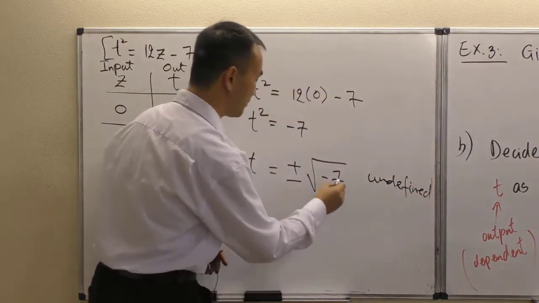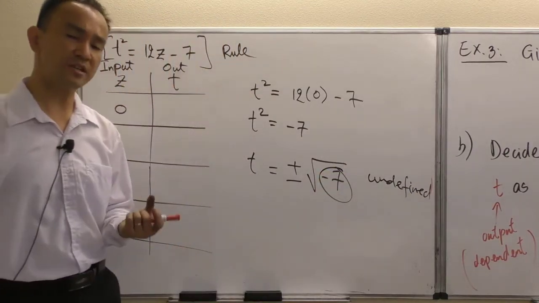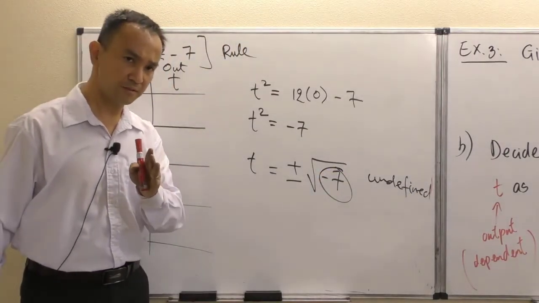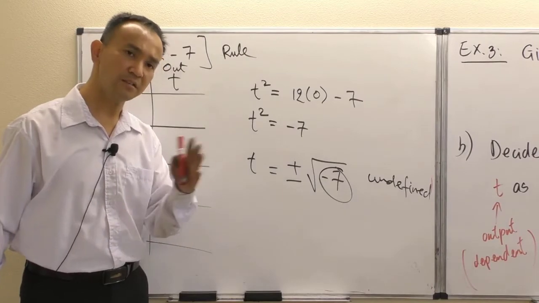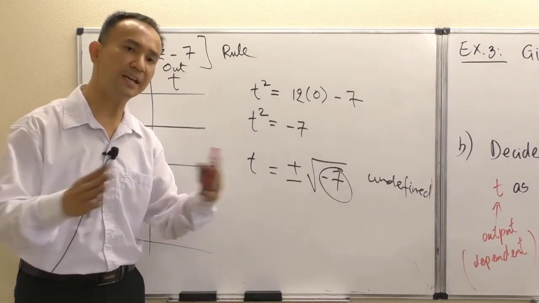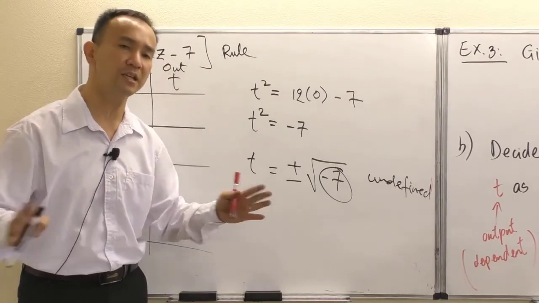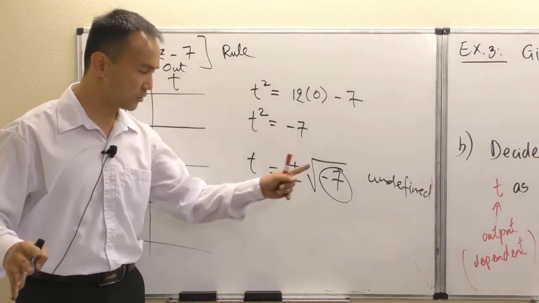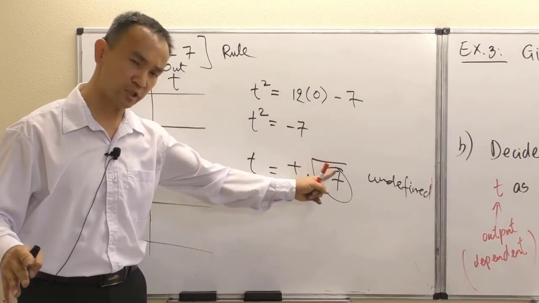This is undefined because, at least for anyone learning in the beginning part of pre-calculus, we are completely in the world of real numbers. In our world of real numbers, we cannot take the square root of -7.